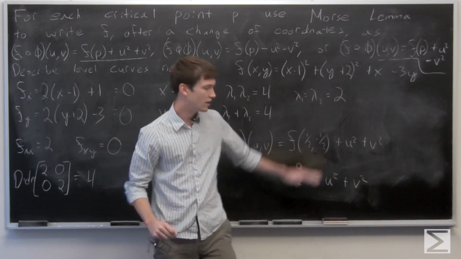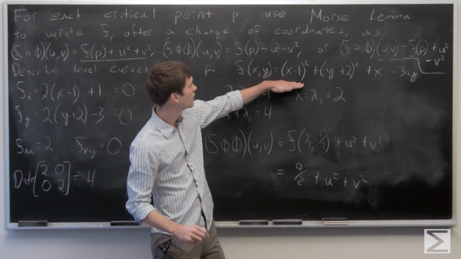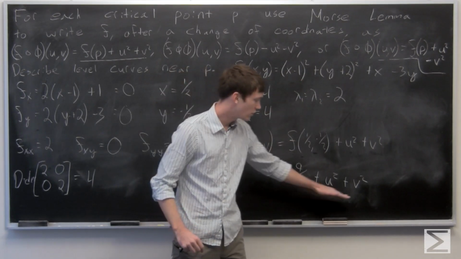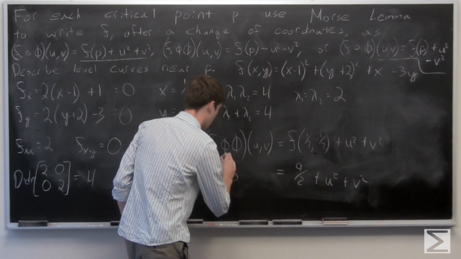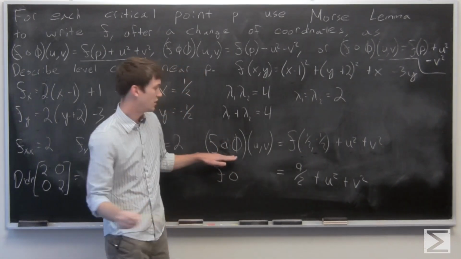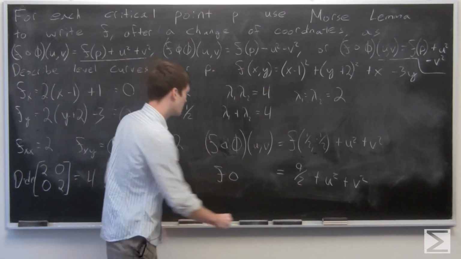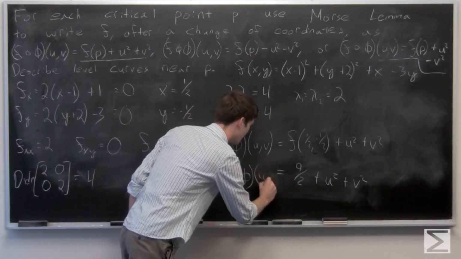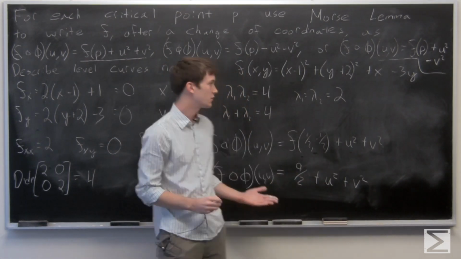We're just plugging 1/2, negative 1/2 into our function f of x, y, and we get 9/2. Sorry, this should read f composed of phi. So f composed of phi at u, v is equal to 9/2 plus u squared plus v squared.